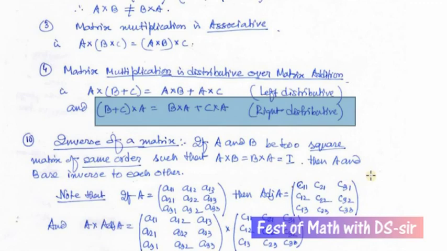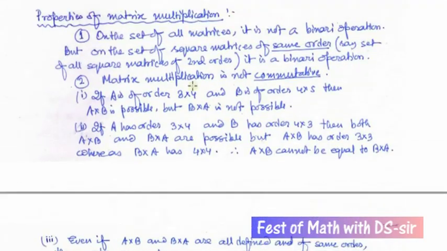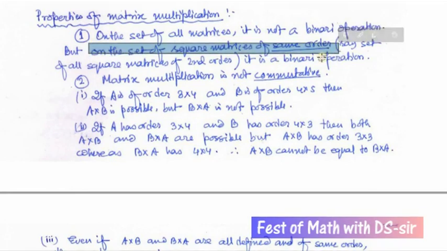Now note that if matrix multiplication is defined on the set of square matrices of the same order, then the identity matrix of that order is the identity element. So on the set of all square matrices of, say, fourth order, multiplication is binary.